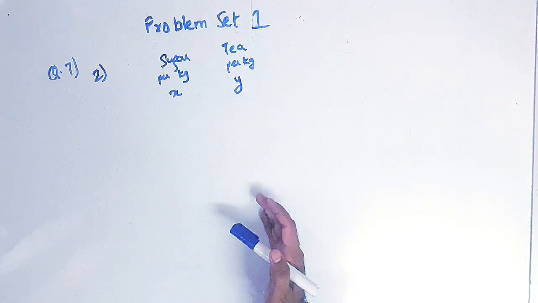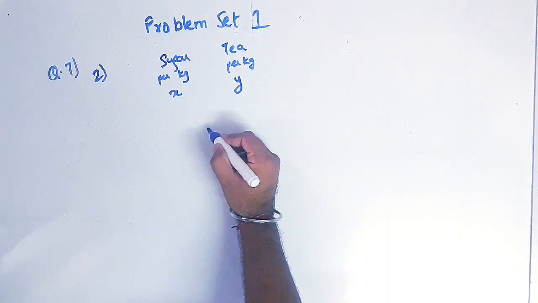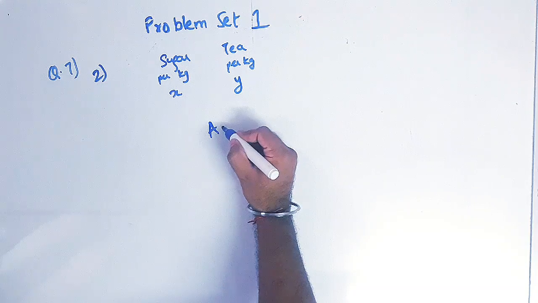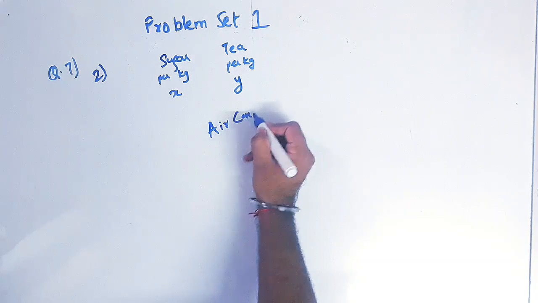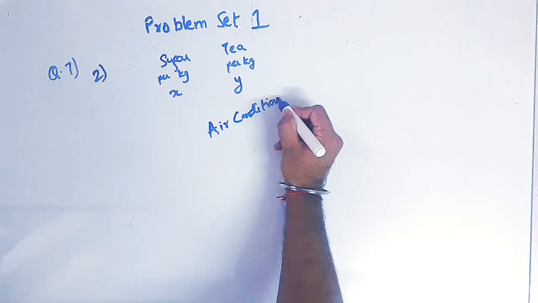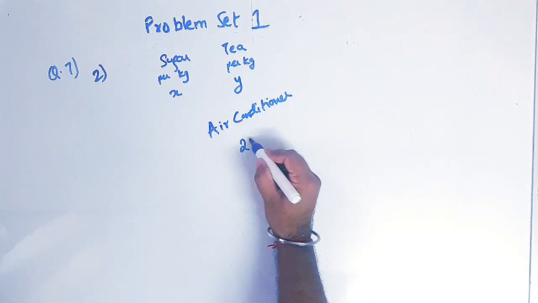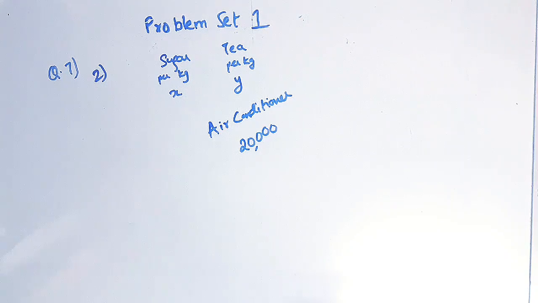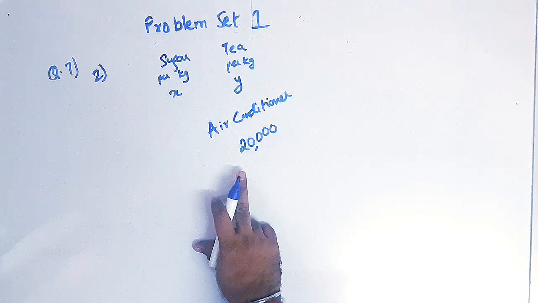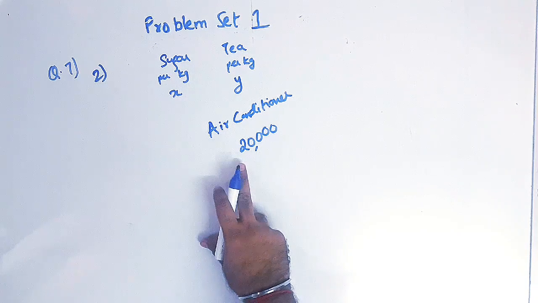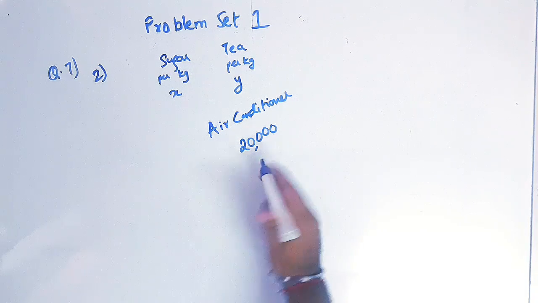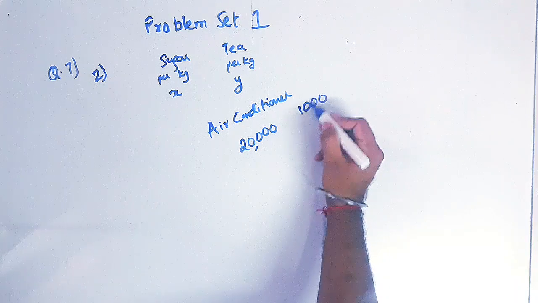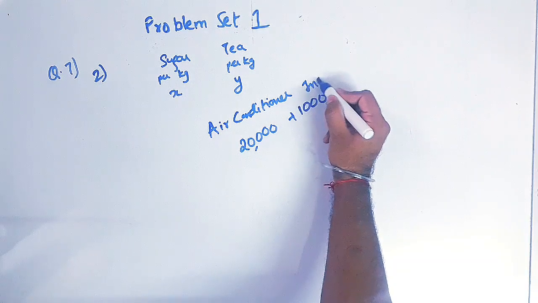See now children, what happens if I buy an air conditioner for, suppose, rupees 20,000, and the electrician says that I will take 1,000 for installation.